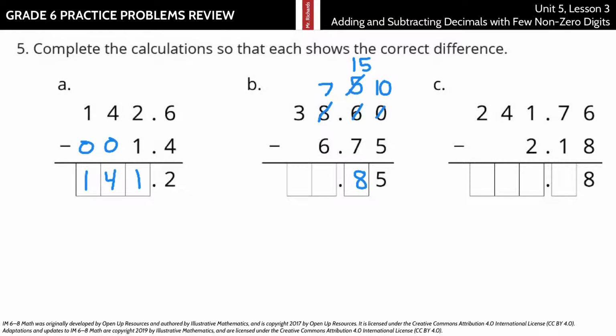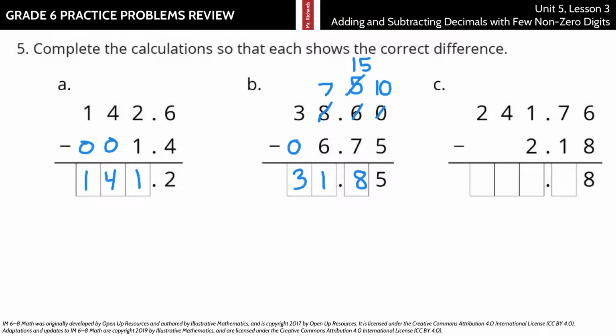And now I should be able to just take our 7 ones minus 6 ones, and that's 1 one. And then 3 tens minus 0 tens is 3 tens. So we get 31 and 85 hundredths.